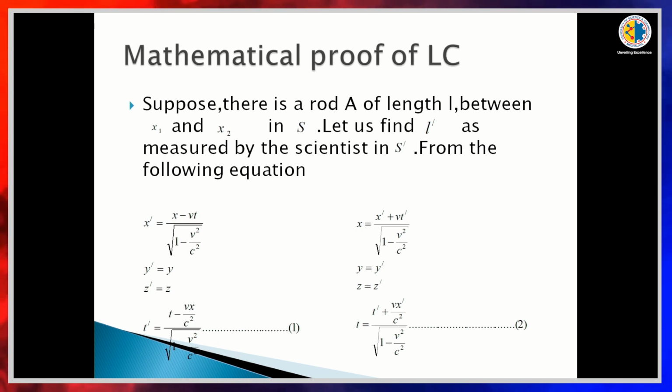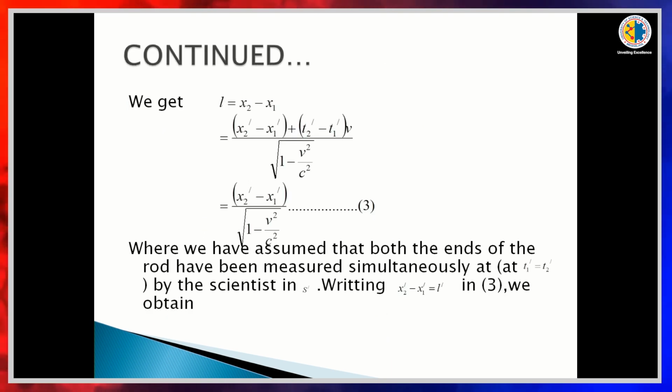So, here instead of x we put x2, and then we put x1, and then we take the subtraction, which is L = x2 - x1. After simplification we get ((x2' - x1') + (t2' - t1')v)/√(1 - v²/c²).